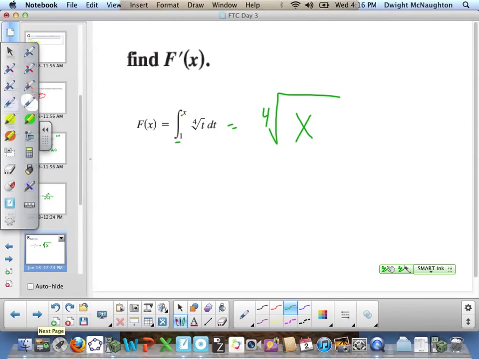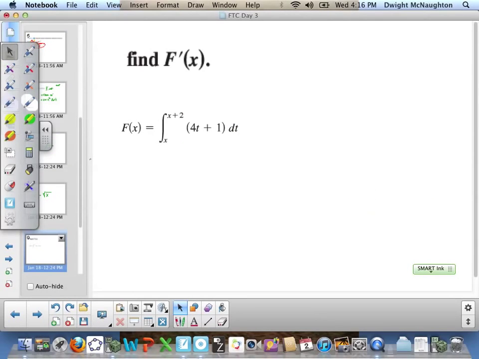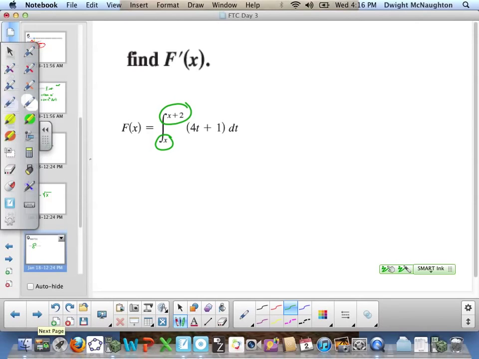All right? Now, it gets a little tricky. What do we do when there's a variable on both top and bottom? All right? I'm going to show you this one longhand. The next one I'm going to show you shortcut. Now, remember there's a property that says the integral from a to b of f of x, there's a c where I can split it.